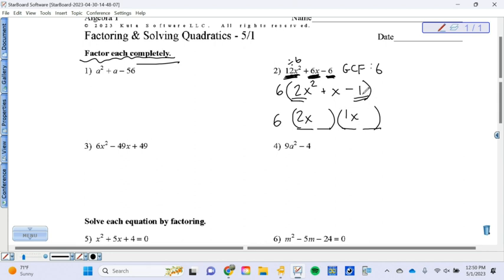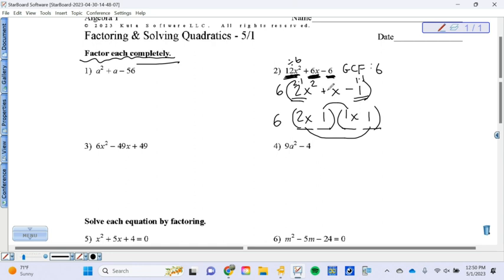This one's just a little funny, right? 2 is only made up by 2 times 1. 1 is only made up by 1 times 1. So 2 and 1 have to be my first and first. 1 and 1 have to be my last and last. But now I need to end up with my middle number when I combine my outers and my inners.